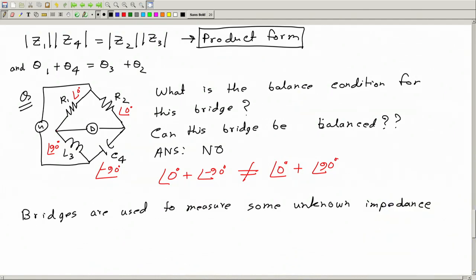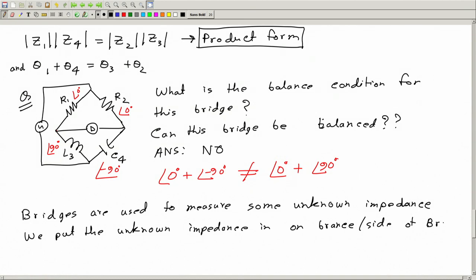So, we put the unknown impedance in one branch, in one branch of the bridge or one side of the bridge. Other three sides are known and variable. Not necessarily all three sides are variable, but maybe one or two sides are variable.